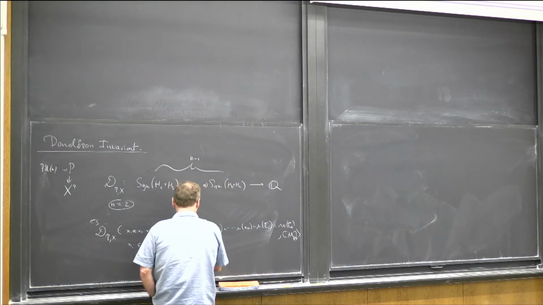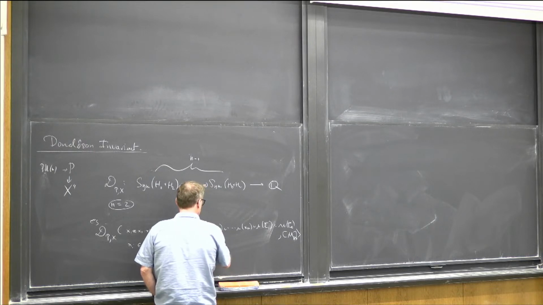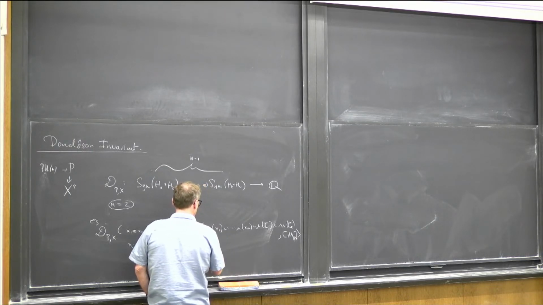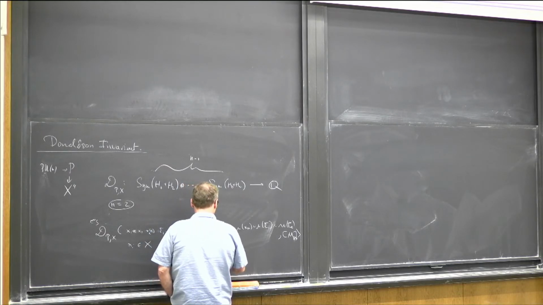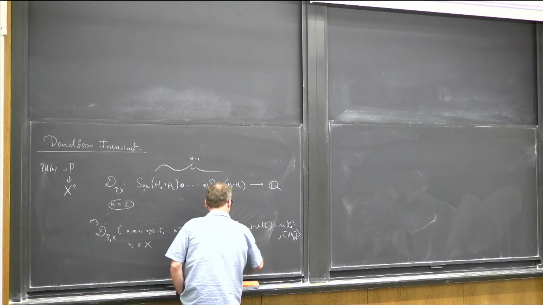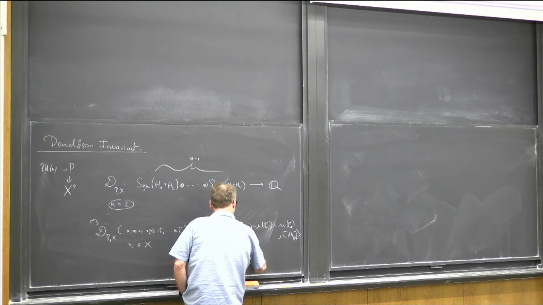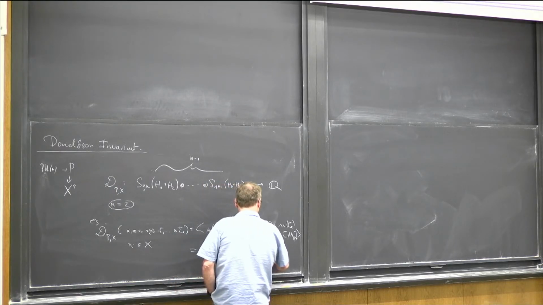A little more precisely, we're supposed to think of each of these as follows. The points give us codimension 4 subvarieties of the moduli space. The surfaces give us codimension 2 subvarieties.